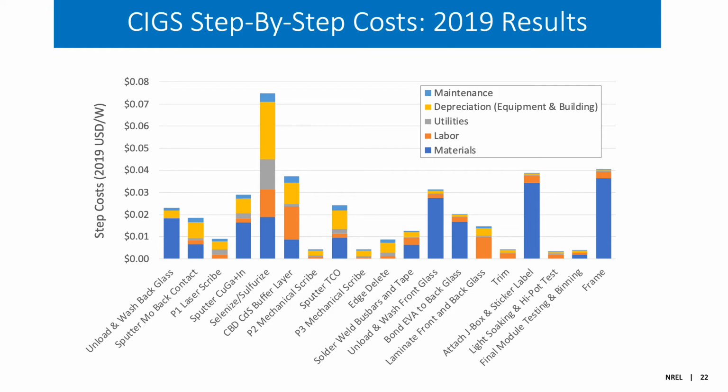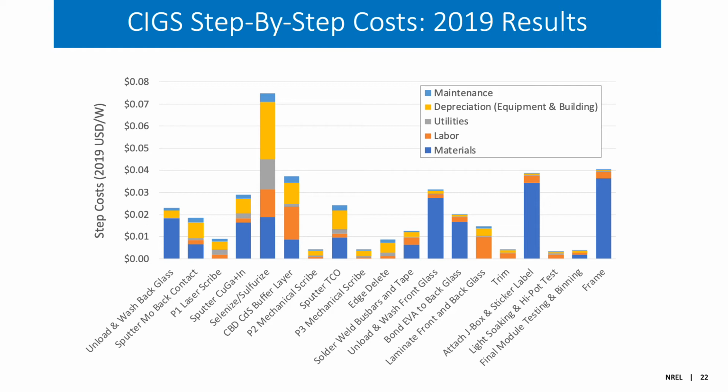So here's the result. These are the step-by-step costs for CIGS. This is based on 2019 data. We haven't updated these results this year. And you can see a couple things that jump out from this. One of them is that you add up all of the costs associated with the balance of modules, so things like unloading and washing the back glass.